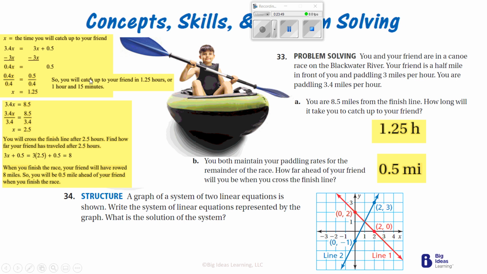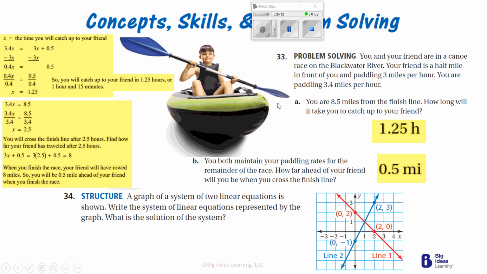And you're paddling at 3 miles an hour, right? So in 1 hour and 15 minutes, if he's paddling that and you're paddling this, it says here in 1 hour and 15 minutes, you'll catch him.